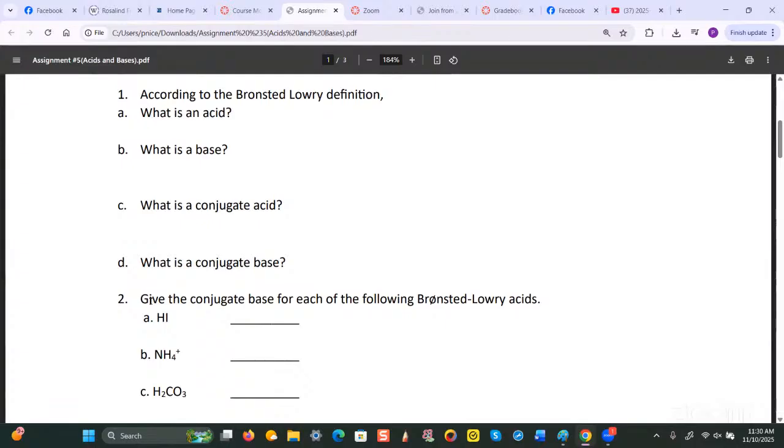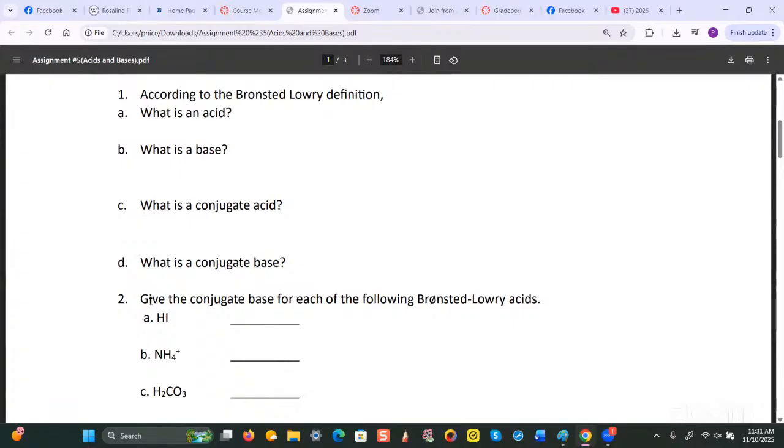Hydroxide ions, right? And I would add to that as well: a base will also accept hydrogen ions from an acid. Right? So that's the definition of an acid and a base.